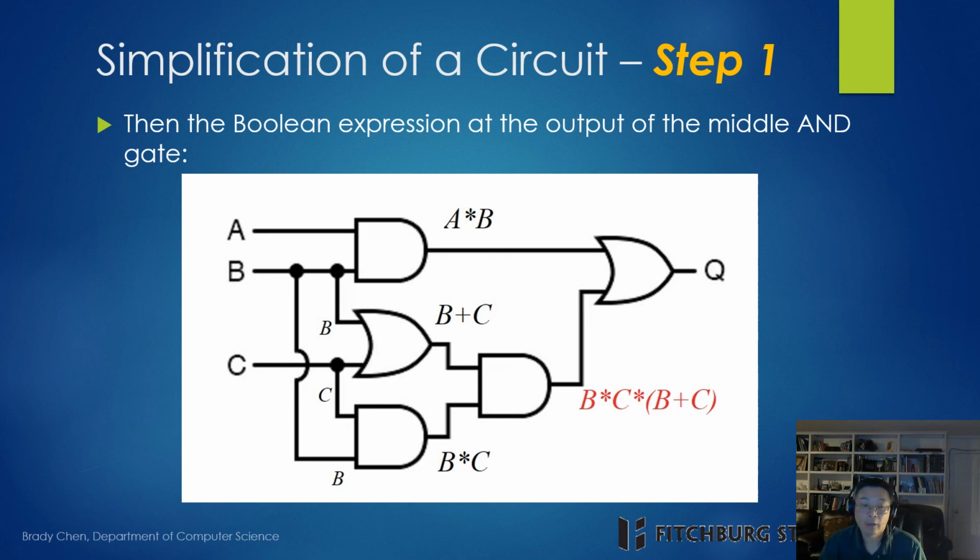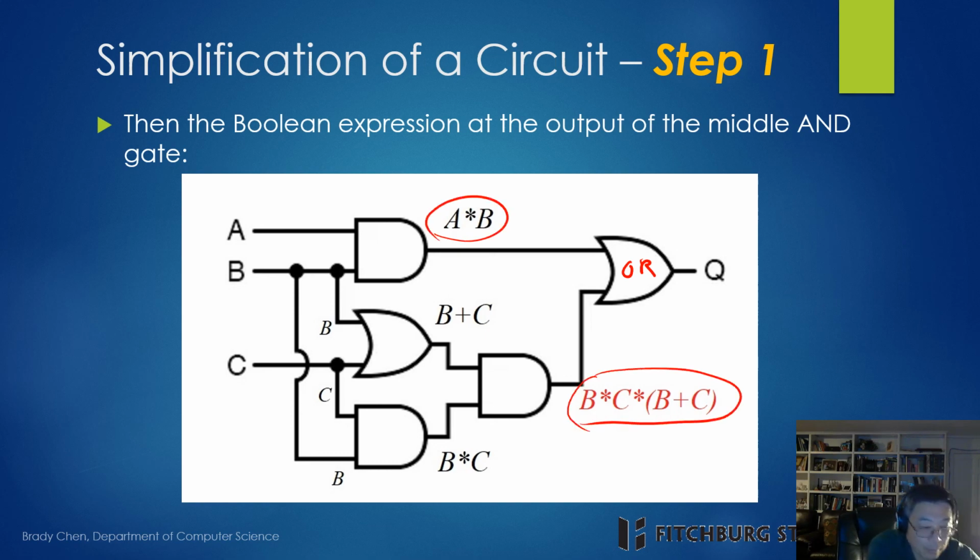So now let's take a look at the last gate, which is the OR gate. After the last gate, we will get the final result. There are two inputs, A times B and this expression.